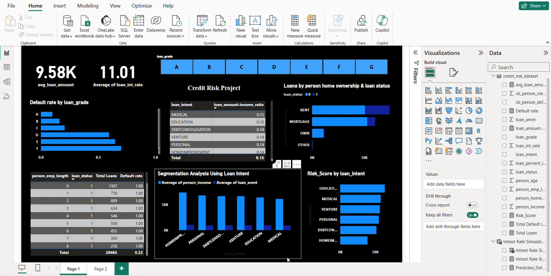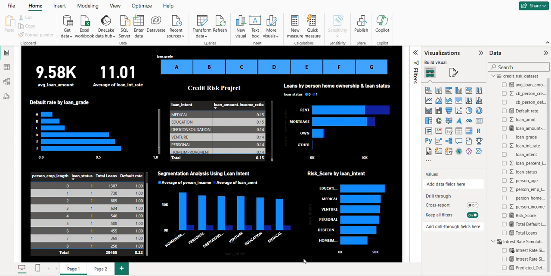Now, as a conclusion of this analysis: higher loan grade A has lower default rates, while lower grades like F have higher risk. Renters default more often than mortgage holders, indicating financial instability.